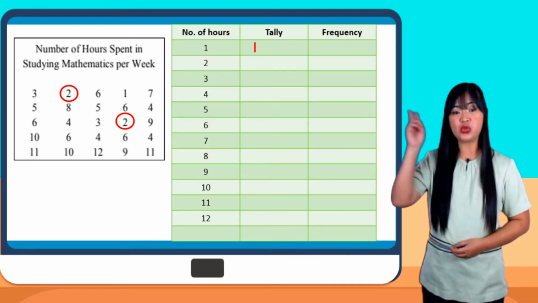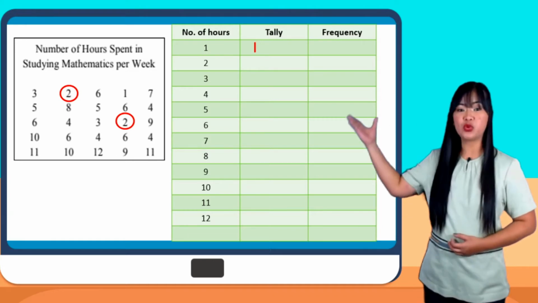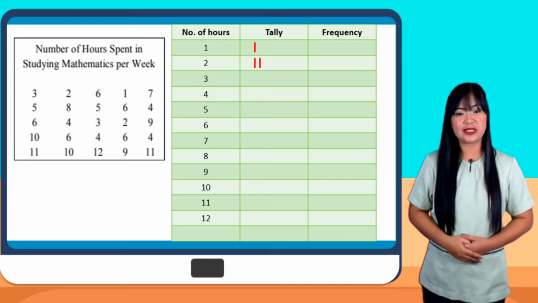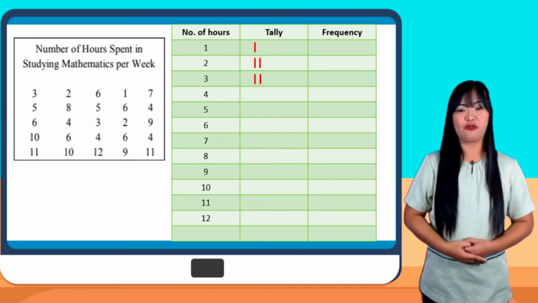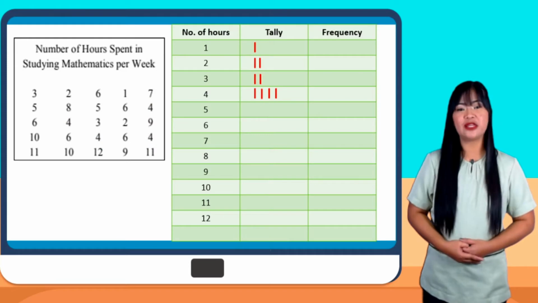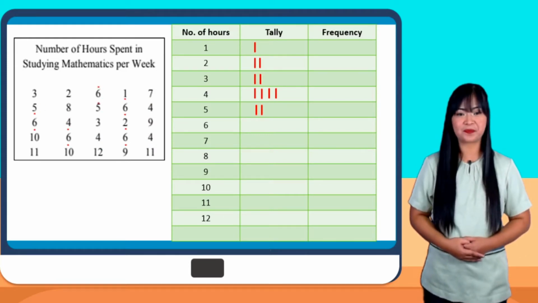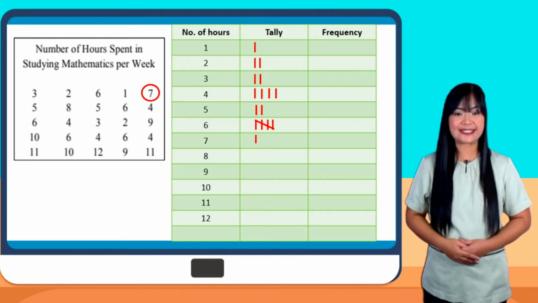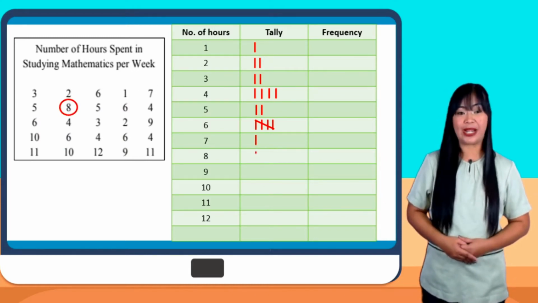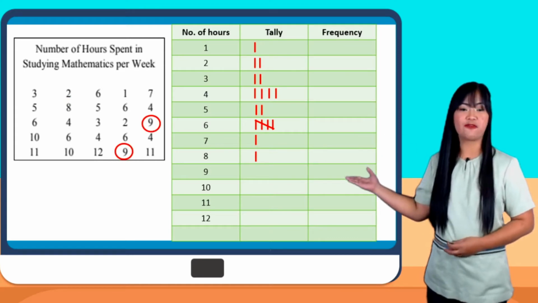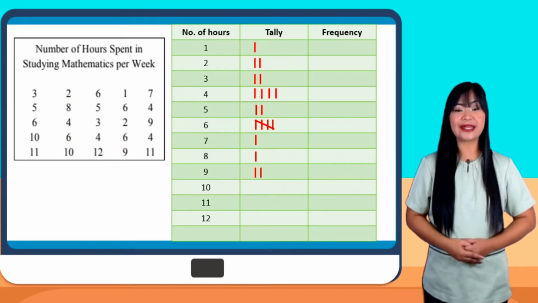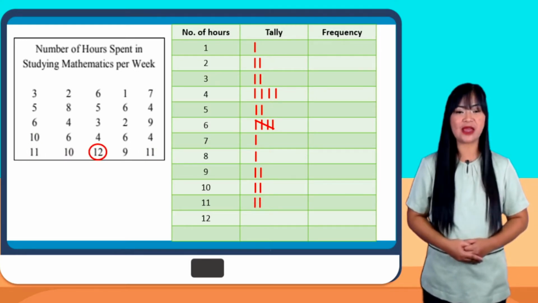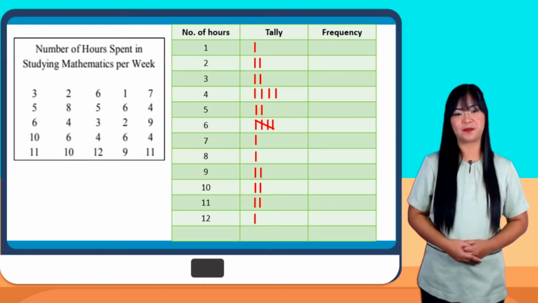Then, we go to 2. We have 2 2s in the raw data, so we have 2 sticks. 2 sticks for 3, 4 sticks for 4, 2 sticks for 5, 5 sticks for 6, 1 stick for 7, 1 stick for 8, 2 sticks for 9, 2 sticks for 10, 2 sticks for 11, and finally, 1 stick for 12.